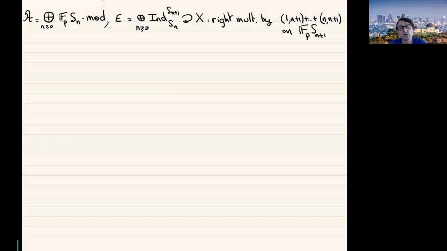So right multiplication by that element on Sn plus 1 is going to commute with the right multiplication by Sn, and also, of course, the left multiplication by Sn plus 1. And the induction functor from Sn to Sn plus 1 is given by tensoring by that bimodule. So this X is defined n by n. If we take the sum of all of those, we end up with an endomorphism of E.